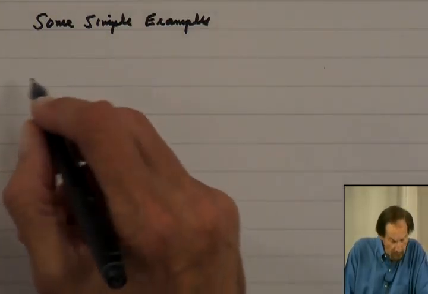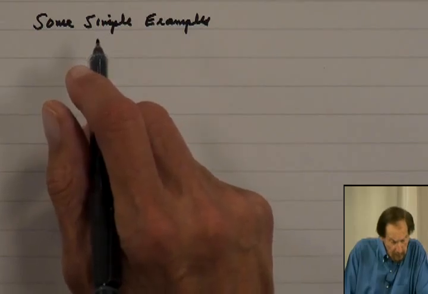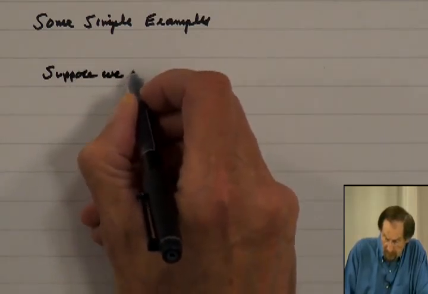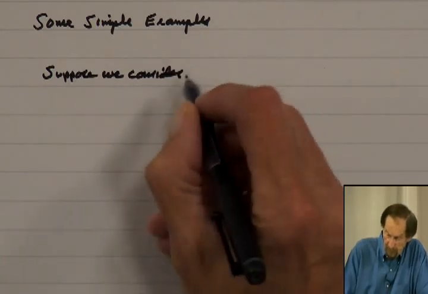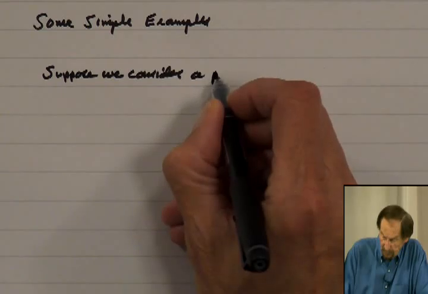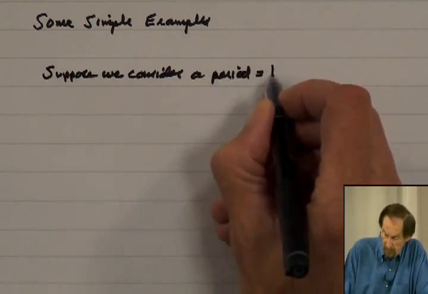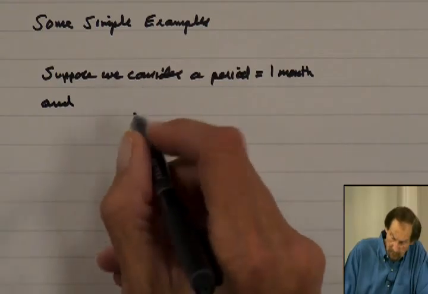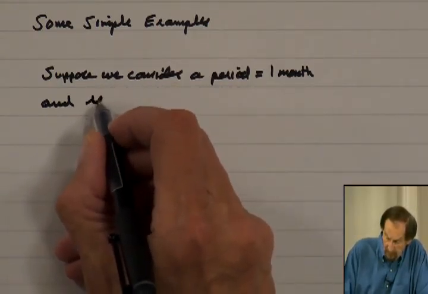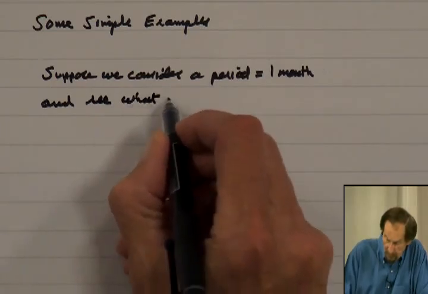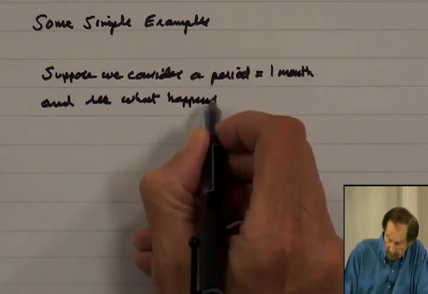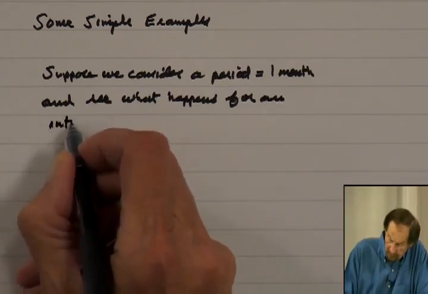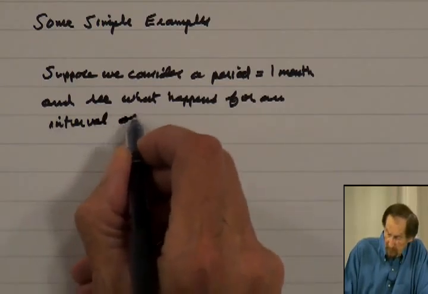Okay. Suppose we consider a period equal 1 month, and see what happens for an interval of 4 months.